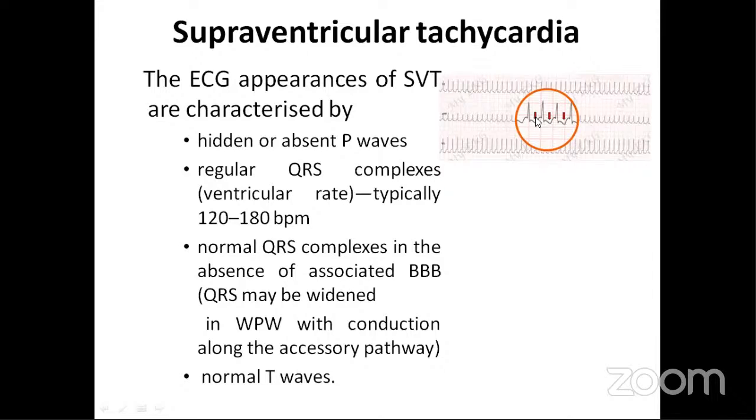There are regular QRS complexes, a normal QRS complex in the absence of bundle branch block, and normal T waves. These are all the characteristics of supraventricular tachycardia, the ECG appearance of SVT.